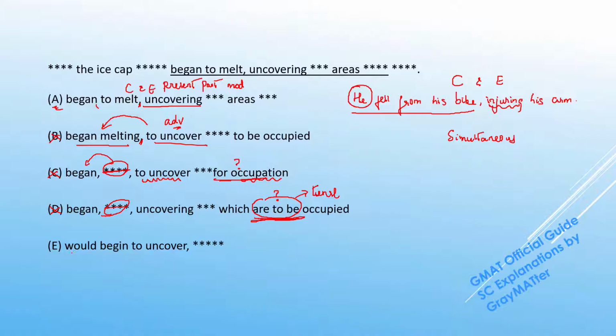Now the main difference that we can see in E is that instead of saying began, it's saying would begin. So the verb would can be used for situations like hypothetical cases or a future reference from the past, or in case of a habitual action of the past.